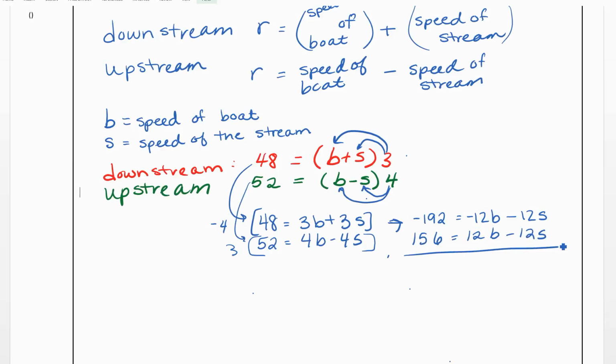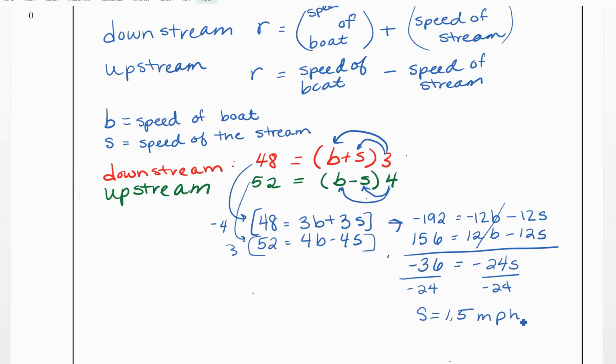So negative 192 plus 156 is negative 36. Our b's are eliminated, and we have minus 24s. Okay, so we're going to divide both sides by negative 24. And we get S is 1.5, and this would be in miles per hour.